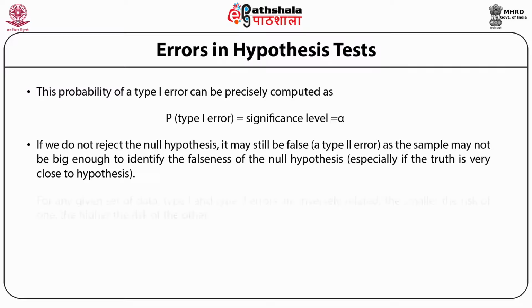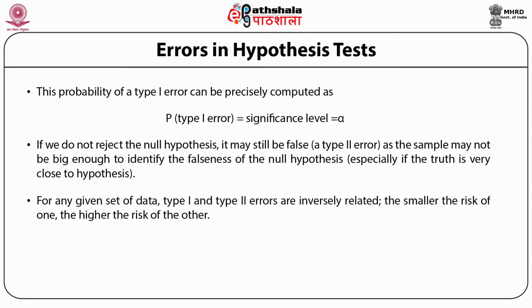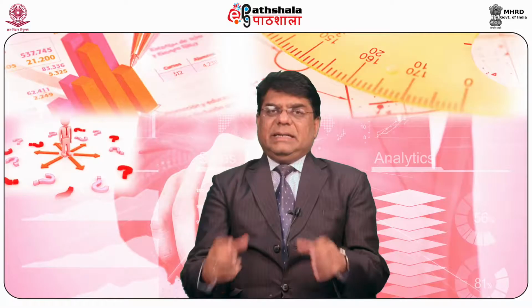It means that for any given set of data, type 1 and type 2 errors are inversely related. The smaller the risk of one, the higher the risk of the other. The type 1 error can also be referred to as error of the first kind and type 2 as the error of the second kind. Let's talk about type 2 error.